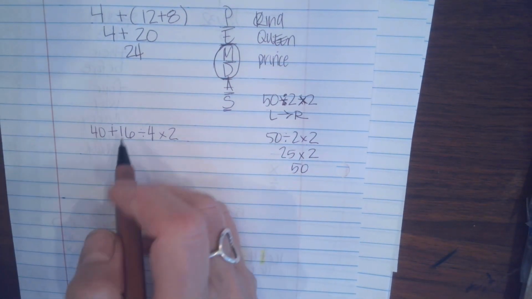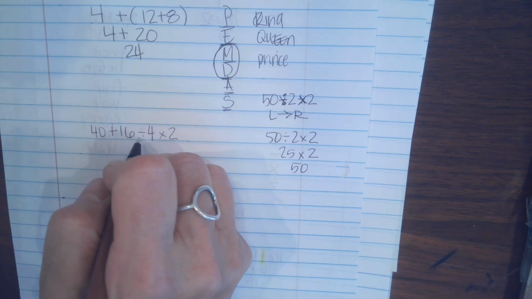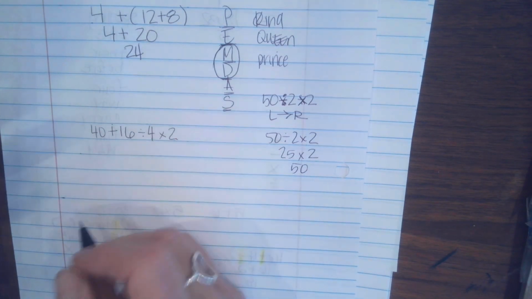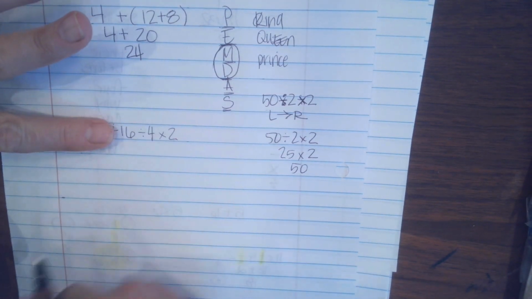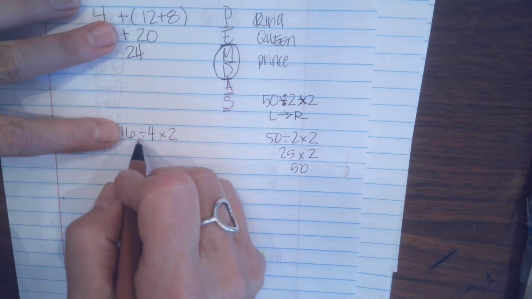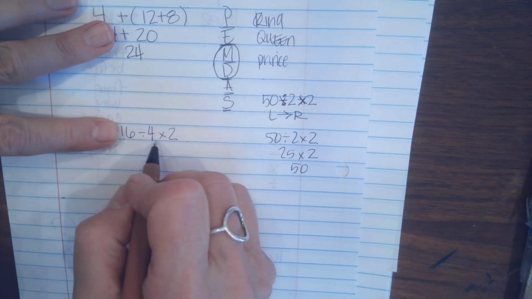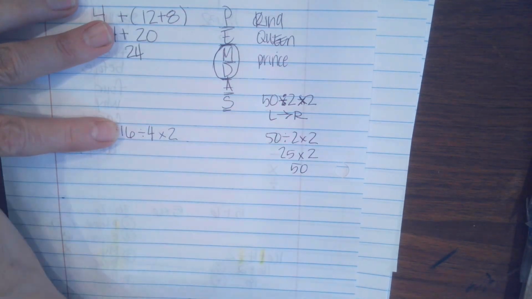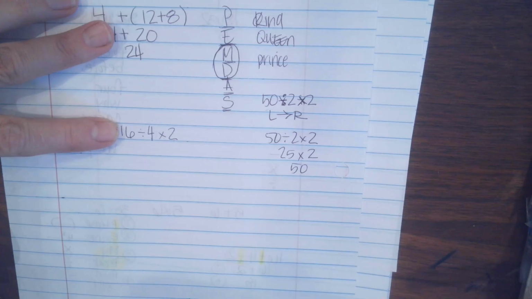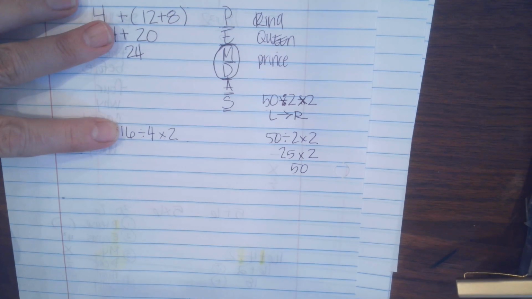So in this problem, what comes first, left to right? We know we're not adding, so I'm just going to get rid of this for right this second. Division and multiplication are left. Are you going to divide first, or are you going to multiply first? Actually divide. Why would you divide first?